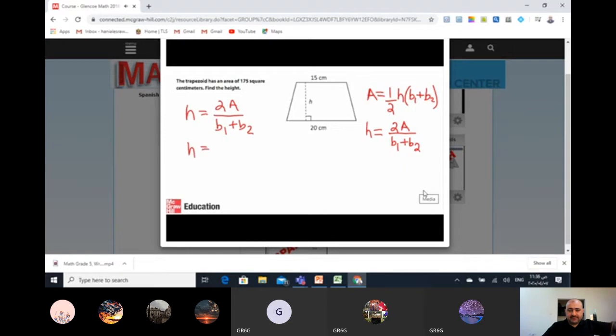We need to find the height, and we know the area is 175. So 2 times 175 divided by the sum of the bases. One base has a length of 15 centimeters, and the other base is 20 centimeters.